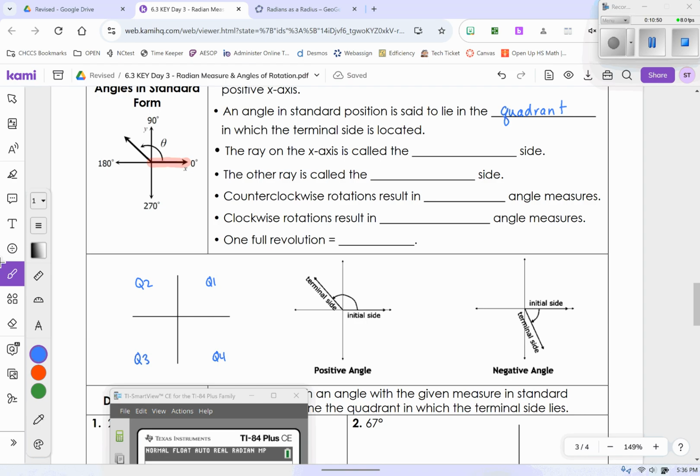And the ray on the x-axis is called the initial or starting side. So this is the initial ray or starting side. And the other ray where you stop is called the terminal side or the ending side.